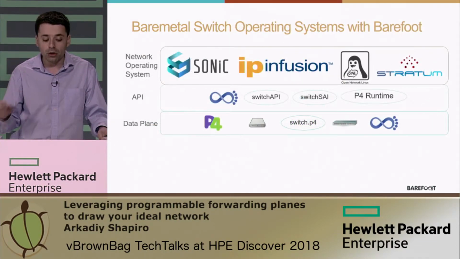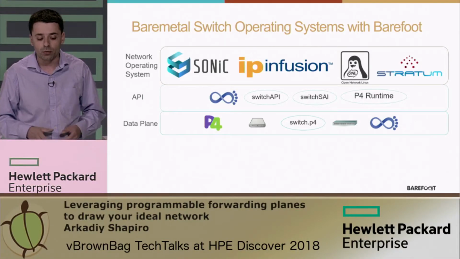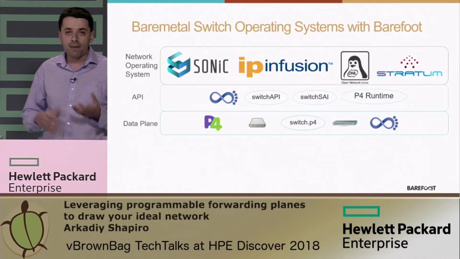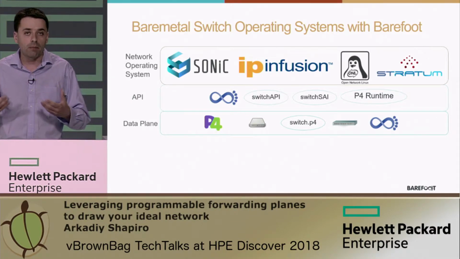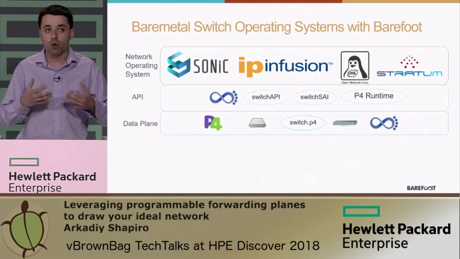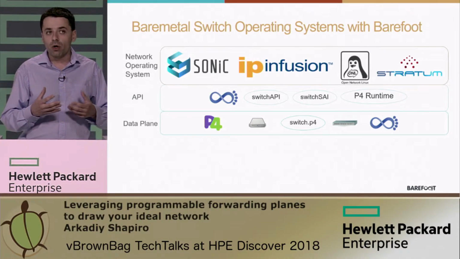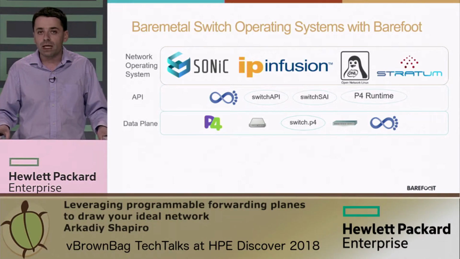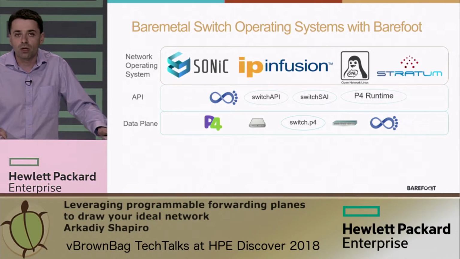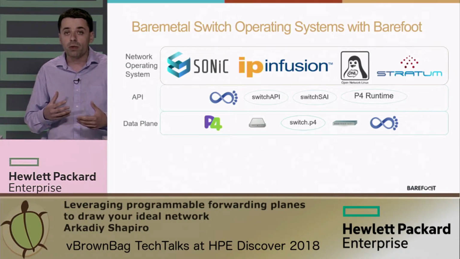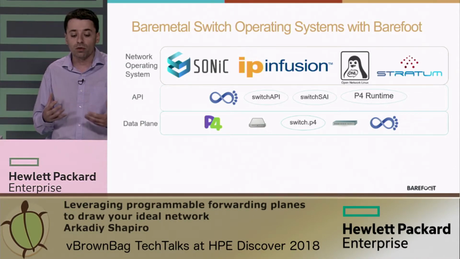And then I mentioned the operating systems that go on the bare-metal switching. SONiC is an example of an open source operating system. IP Infusion is our longtime partner that we've been working with on a commercial operating system offering. Folks who are used to OEM or typical networking systems coming from HP or Arista or other vendors, and want to try out the white box switching route, feel very comfortable with IP Infusion because it has a very similar look and feel.